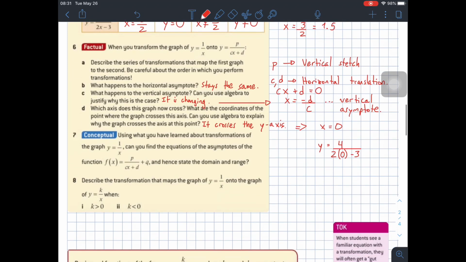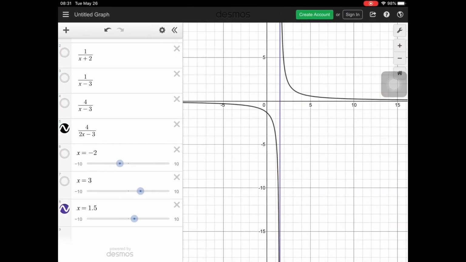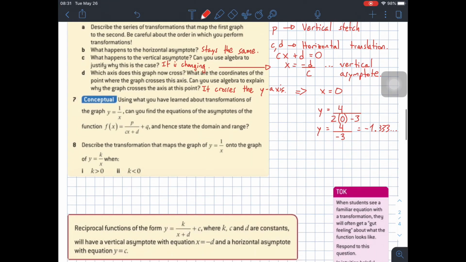If we solve this, we're going to get that y equals 4 divided by negative 3, which is actually negative 1.333 and so on, right? Which is exactly the value we got here. So the coordinates of the intersection with the y-axis would be 0, negative 1.333 and so on. Okay.